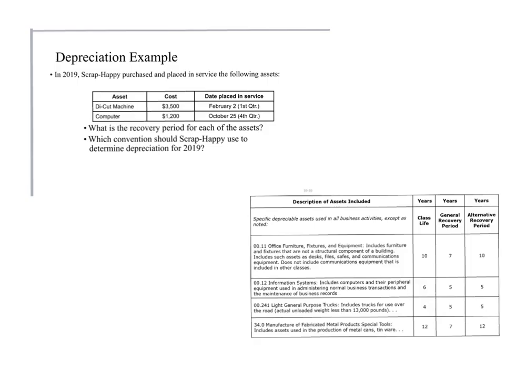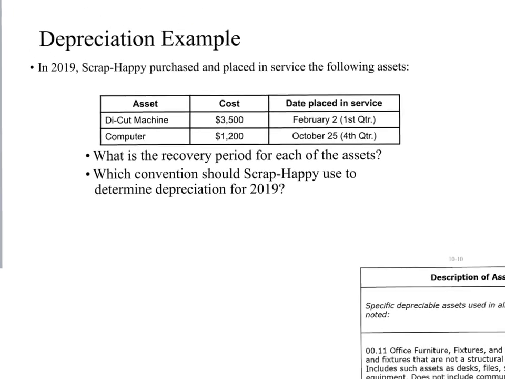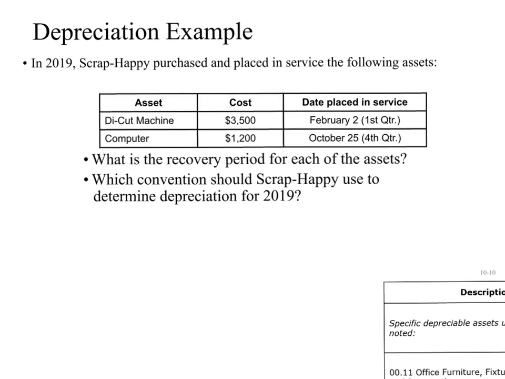Okay, so now let's do an example. So this example is in your PowerPoint, all right? And I've included the charts that you need, so I'll resize things as we're talking about things. All right, so what do we have? Okay, so in 2019, this company purchased and placed in service the following assets.